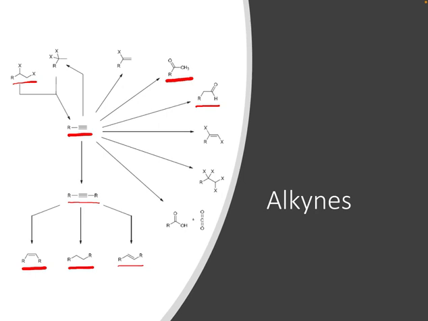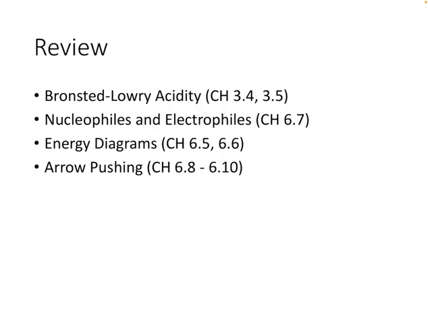All right, now before we actually dive into alkyne reactions and their mechanisms, I do encourage you to review the following topics if you're feeling a little rusty, especially if it's been a while since you've taken organic chemistry.